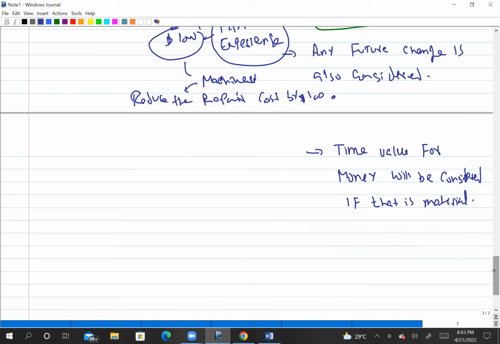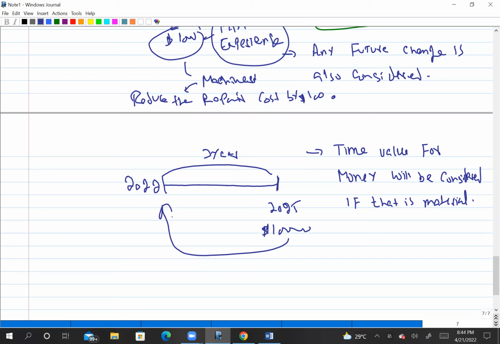For example, today is 2022, and we know that the provision will be settled in 2025. So there is a 3 years time. I know that in 2025 we need $10,000, but obviously what is the value of $10,000 in terms of 2022? So I need to determine the present value. So if the time value of money in a provision is material, then obviously we will discount the provision.